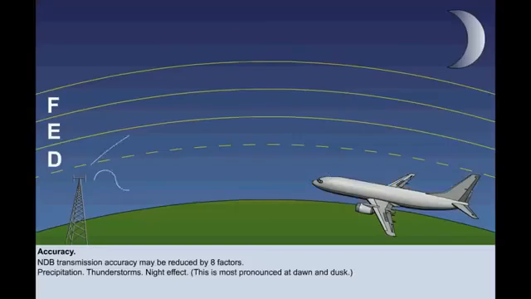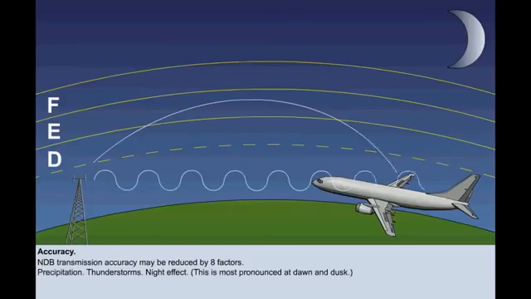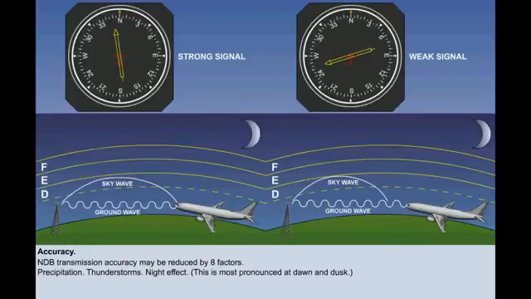At night, the D layer becomes deionized, and sky waves may be emitted from an NDB, which are received out of phase with the ground waves. The effect is most pronounced at dawn and dusk, as the ionosphere is changing, both in intensity and height. The ADF needle may wander, and the audio may fade as the two signals drift in and out of phase with each other.